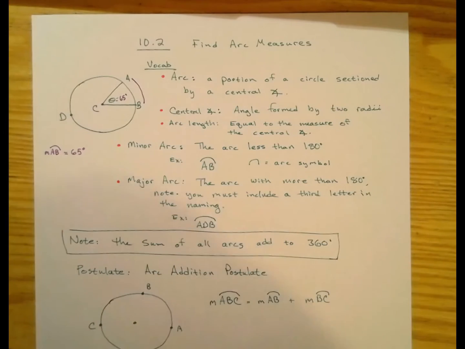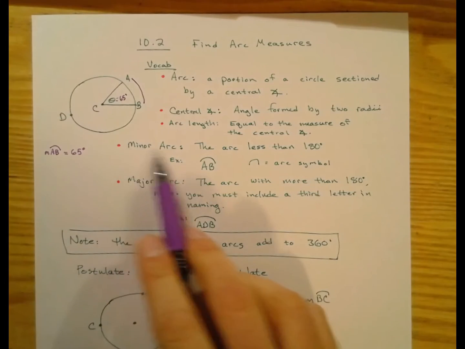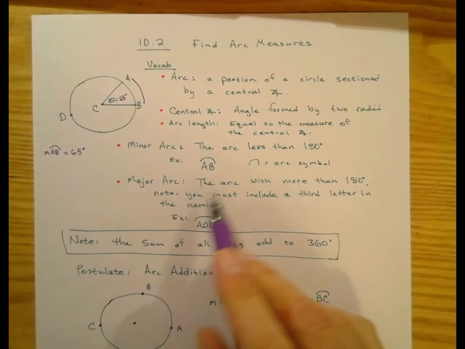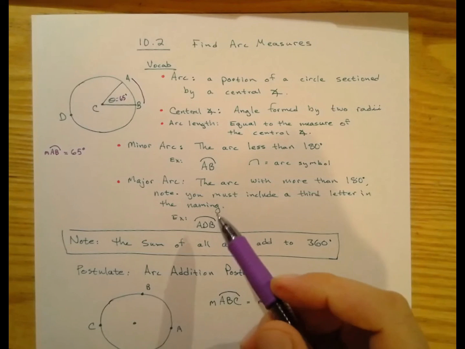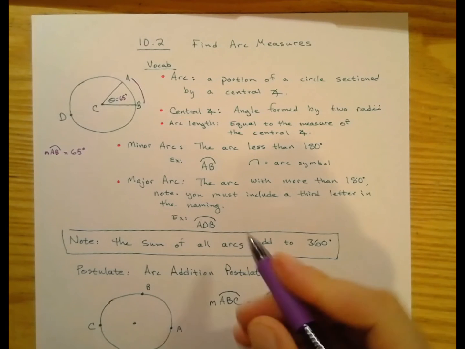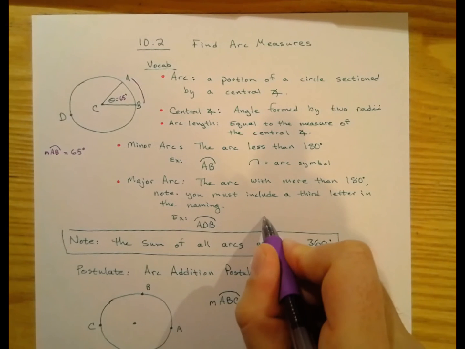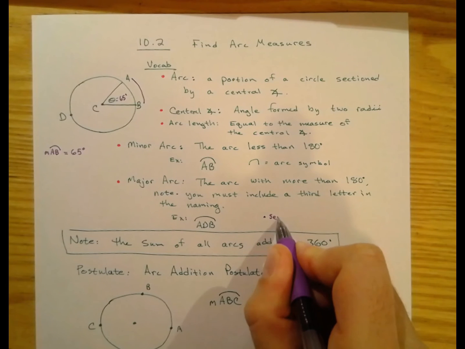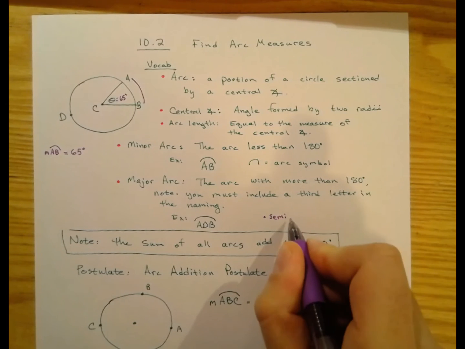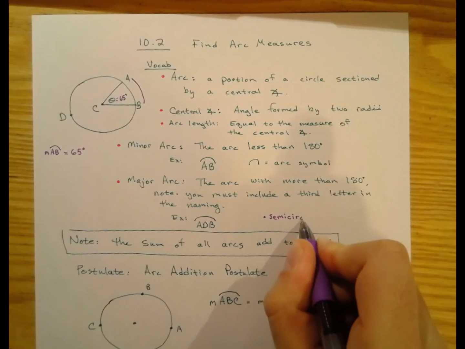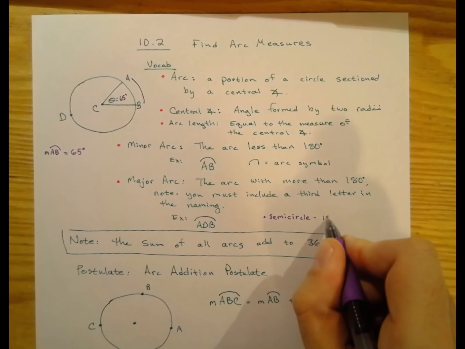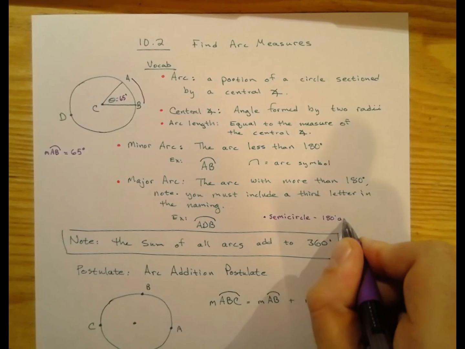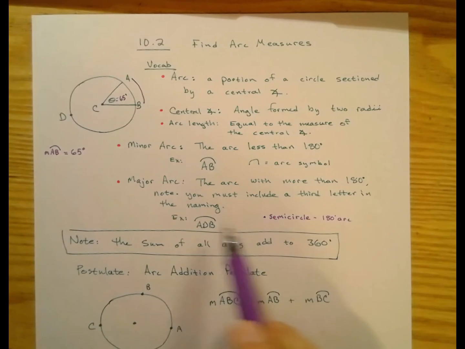There are a couple types of arcs. The minor arc is the arc that is less than 180 degrees. An arc that is exactly 180 degrees is a semicircle, a 180 degree arc.